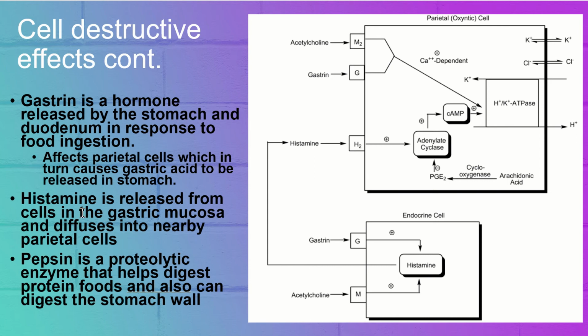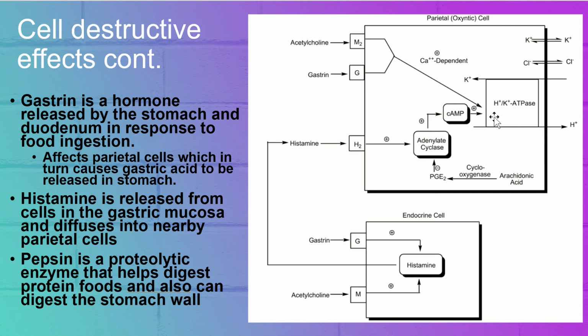Now, histamine, and we're familiar with histamine, is released from cells in the gastric mucosa and diffuses into nearby parietal cells. So we have the histamine here from our endocrine cell being produced and then diffusing into a nearby parietal cell and having a similar effect.